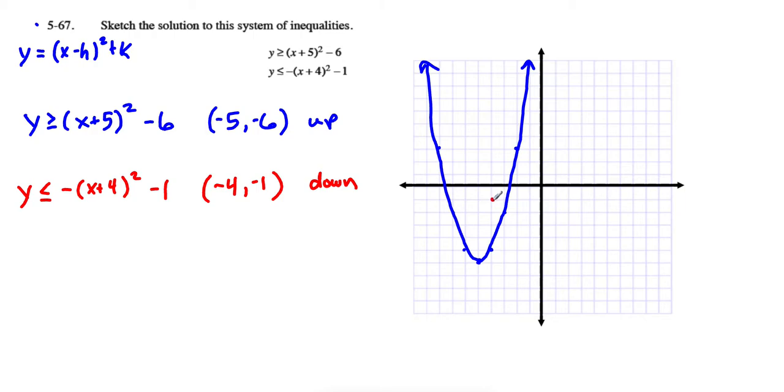And then we should have our standard growth pattern, so we're going to go to the left 1, down 1, to the right 1, down 1, to the left 2, down 4. Just reflect that across. Right 3, down 9. Reflect that across. So this one, because it's less than or equal to, also has solid lines.